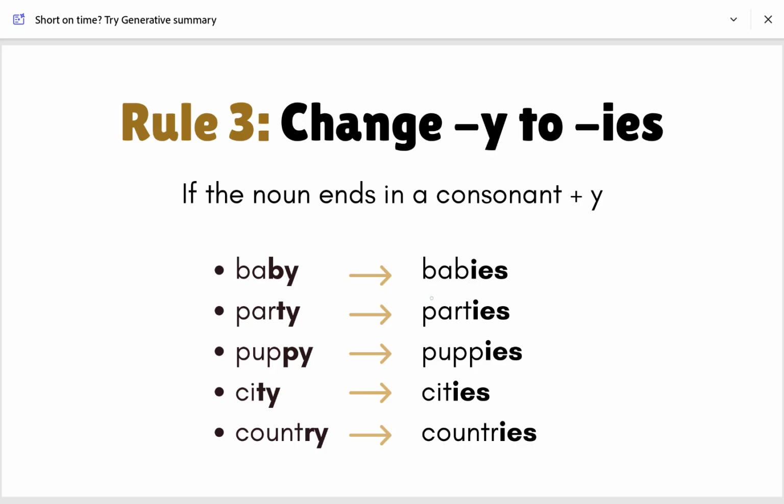So baby becomes babies, party becomes parties, and puppy becomes puppies. Whenever there is a consonant before the y at the end of the noun, we change it to ies to make it plural.